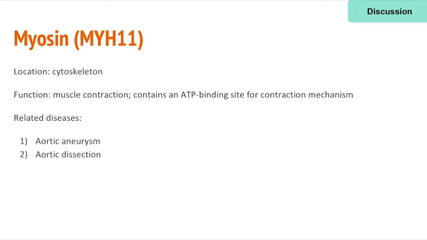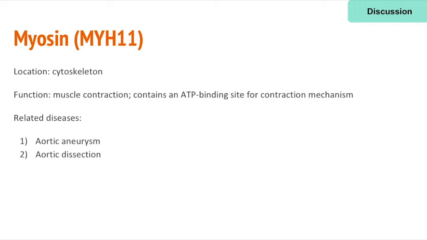It functions as a major contractile protein, converting chemical energy into mechanical energy through the hydrolysis of ATP. Myosin is found in the cytoskeleton of the cell. Glycated myosin leads to abnormal functioning of myosin and muscle contraction.